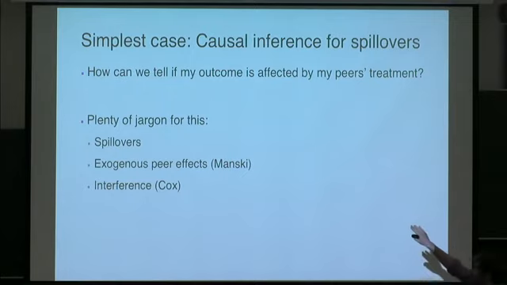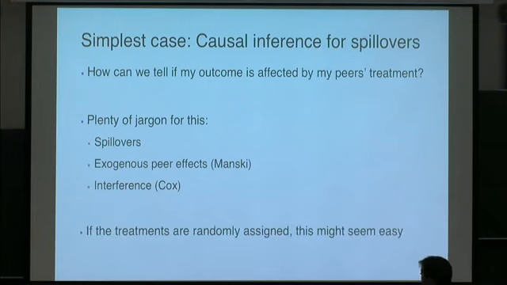Sometimes these are called spillovers. These can be called exogenous peer effects or interference. Maybe there are other names too. We've switched back and forth between what we call them in our paper. I think the current version of the paper has interference in the title, and then mainly in the text we say spillovers. But these are all the same thing.